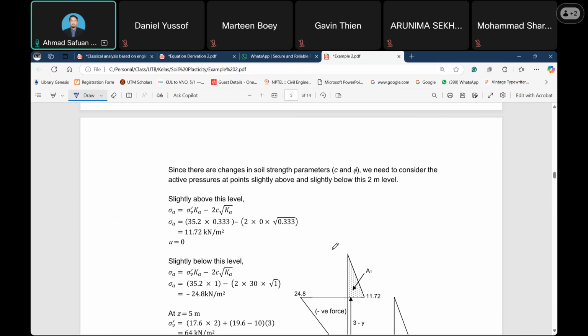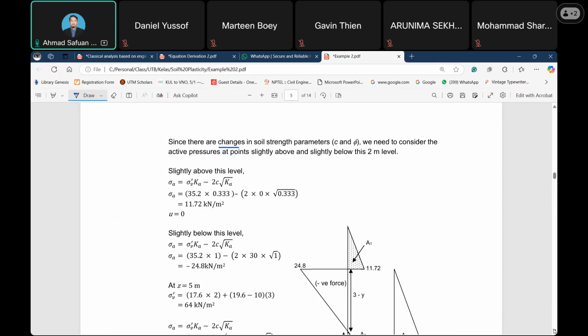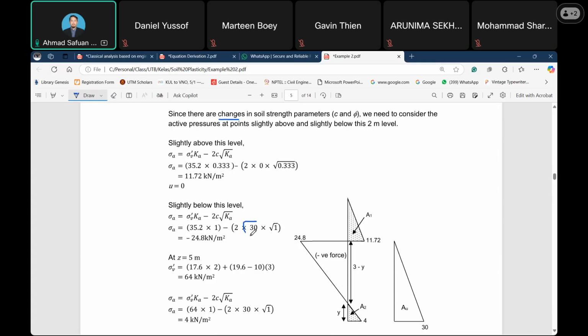Sorry, I mentioned before there were no changes, but there are changes. Slightly above, the value is 11.72, and slightly below the value is negative 24.8, because when we include the C value, it is greater than in the first equation, so it shows negative 24.8.